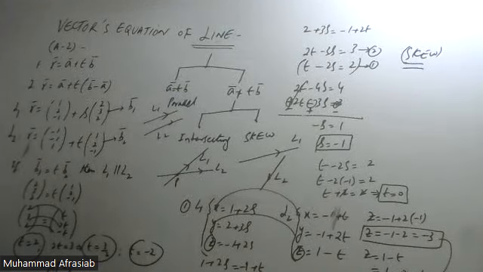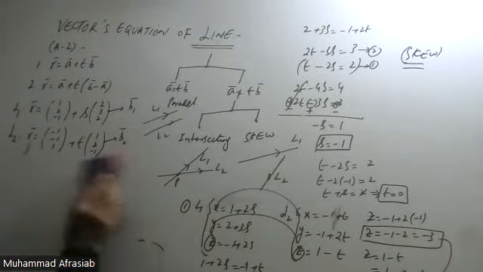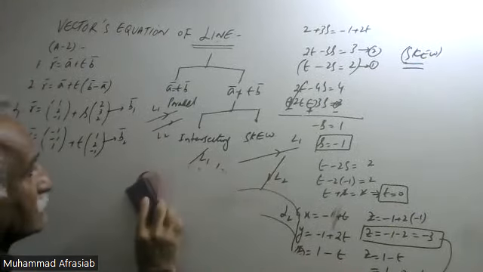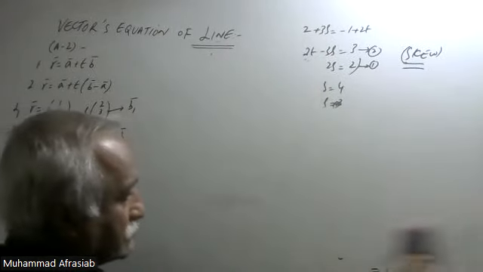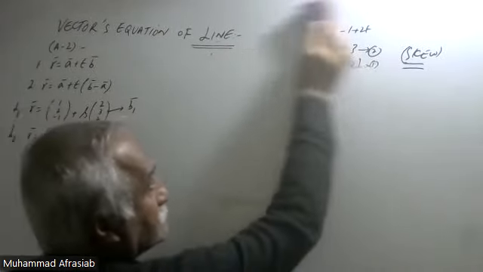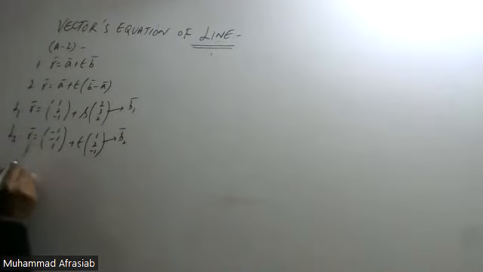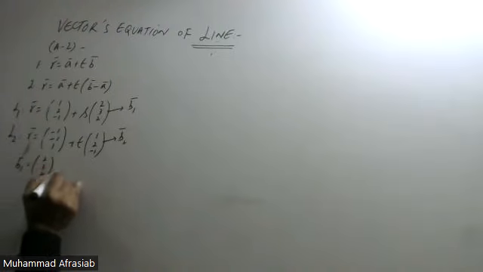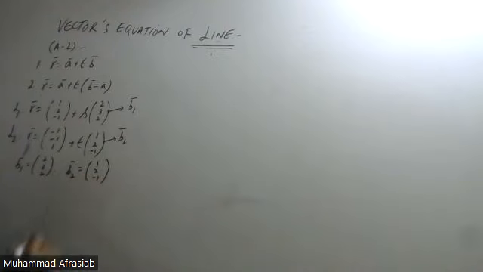Now, the second part is the angle between these two lines. We know that B1 is equal to 2, 3, 2, and B2 is 1, 2, -1.